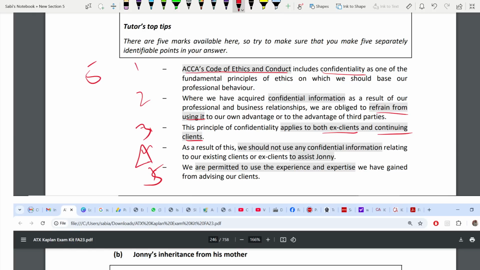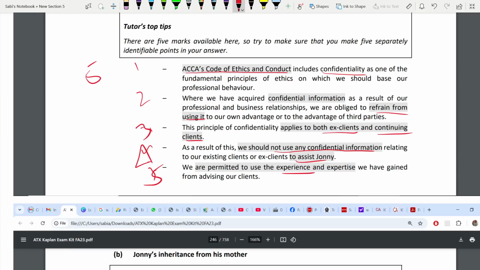You can't use this confidential client information to assist Jonny. That you have to write. Whatever confidential information you got from your existing client or ex-client, you can't use to assist Jonny. And last but not the least, whatever experience along with it you got, that you can use to help Jonny.